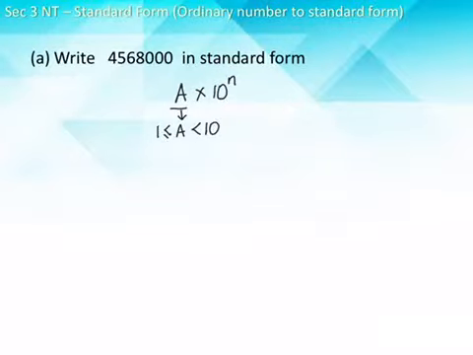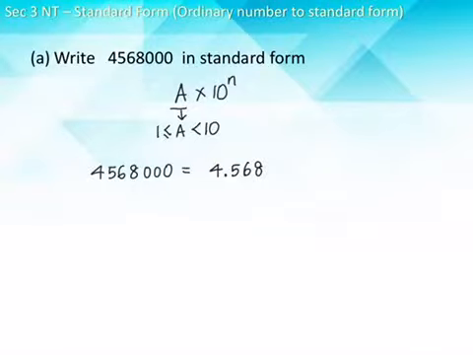So in this case, I need to change the number 4568000 into a number that is smaller than 10 but greater than 1, which is actually 4.568. We do not need to write the zeros after that.